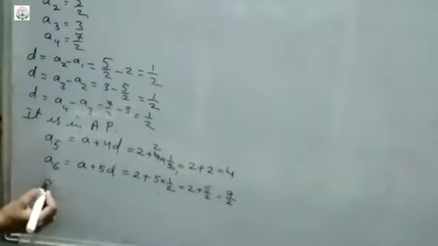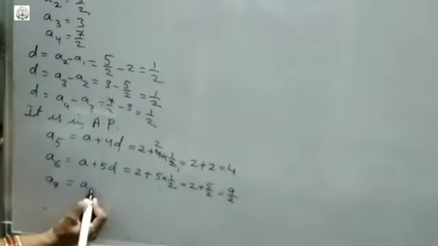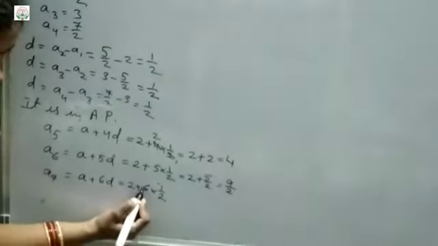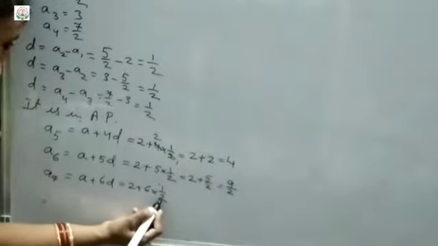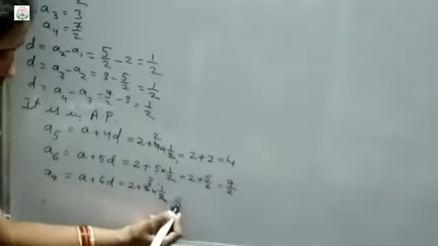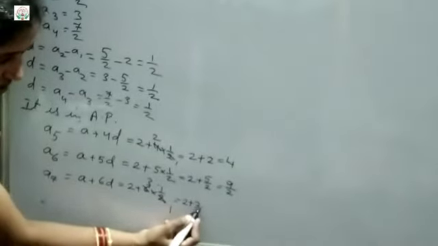Then the next one, A7. So A plus 6D, which is 2 plus 6 into 1 upon 2. Again numerator 6, denominator 2: 2 ones are 2, 2 threes are 6. So 2 plus 3 equals 5.